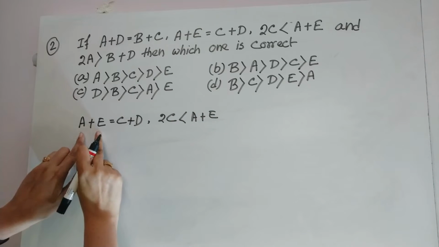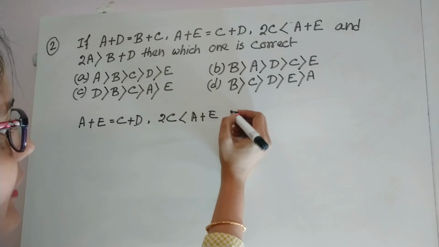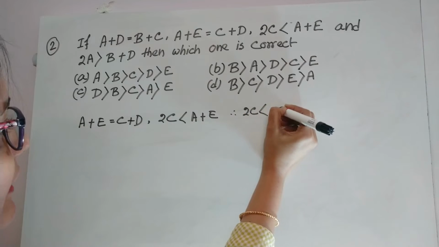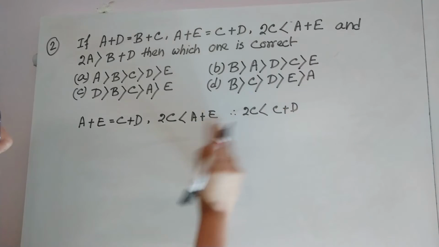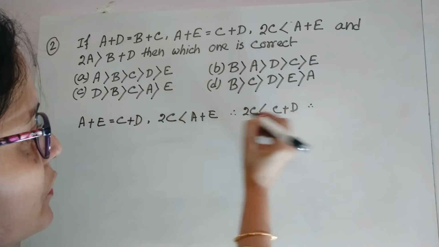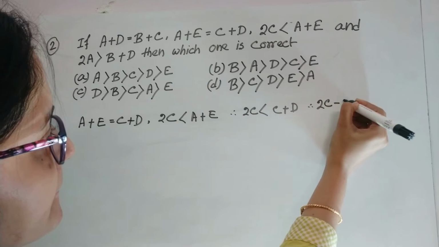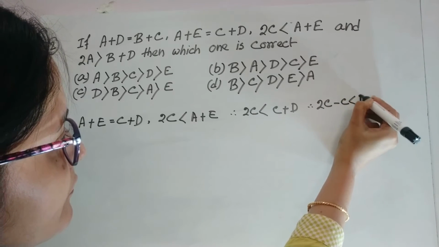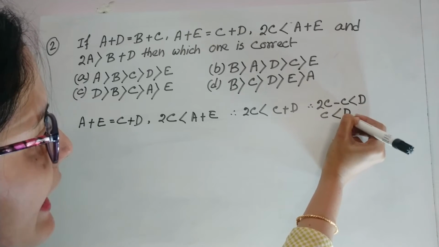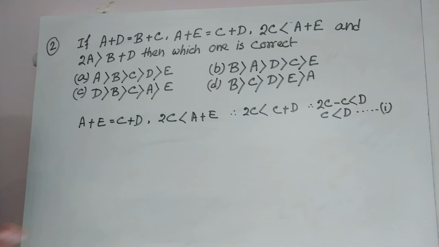As a plus e is equal to c plus d, therefore 2c is less than c plus d, therefore 2c minus c is less than d, therefore c is less than d. Okay, this is number 1.